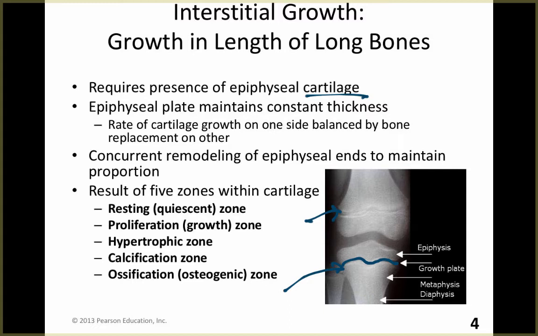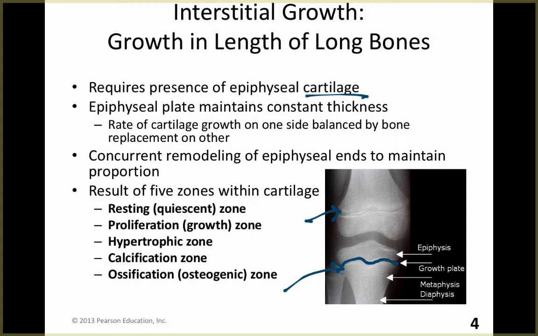And that's because the rate of cartilage growth on one side is balanced by the replacement of bone on the other. So basically, as you're growing, the beginning of the growth starts with making more cartilage. Now, the thing is that it's making more cartilage on one side, but the rate that we're replacing the cartilage with bone on the other, they're equal.